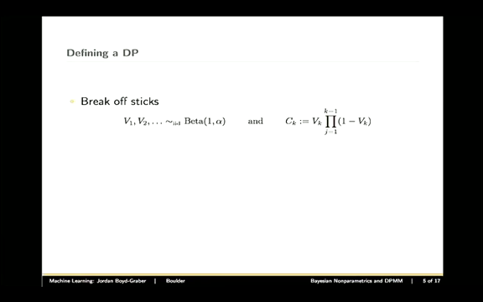Okay, so the very formal way that you can define how this creates new versions of your distribution is that you can draw a bunch of v variables from a beta distribution parameterized by 1 comma alpha. And so these will look like numbers between 0 and 1, depending on what alpha is.